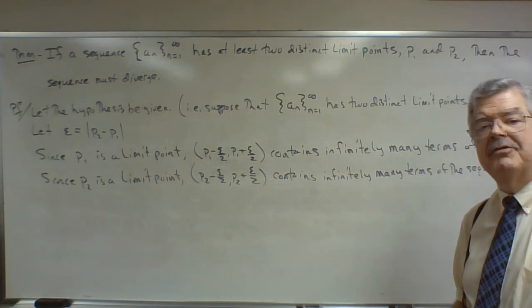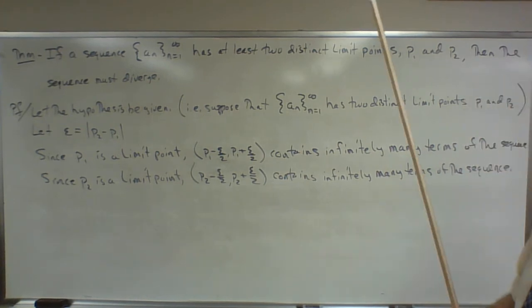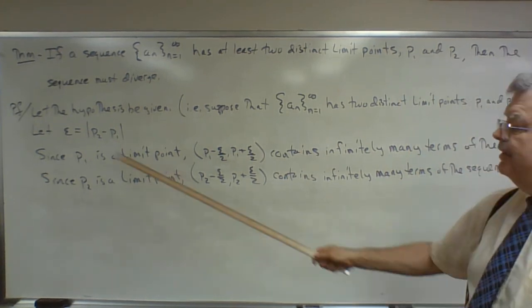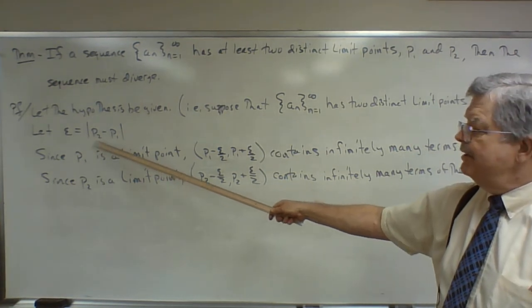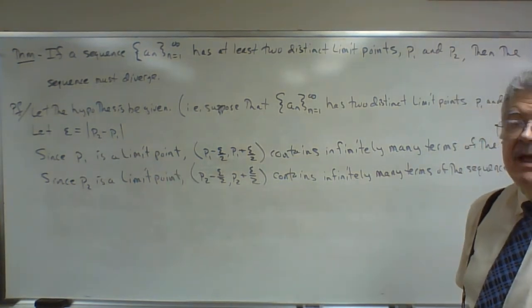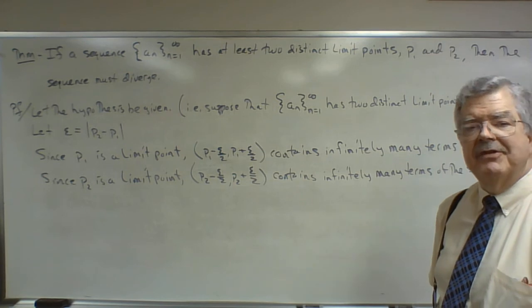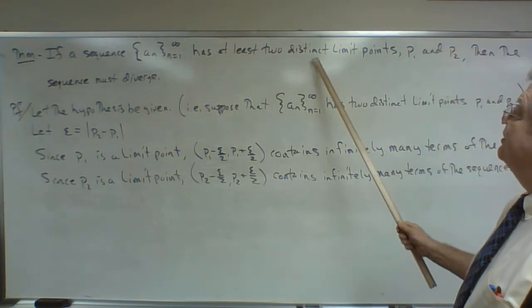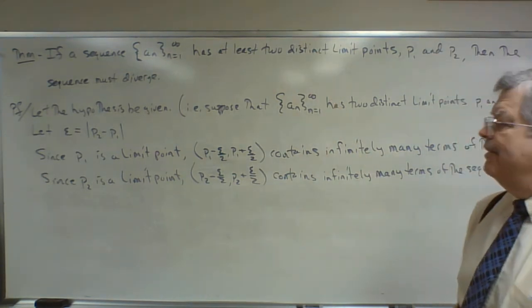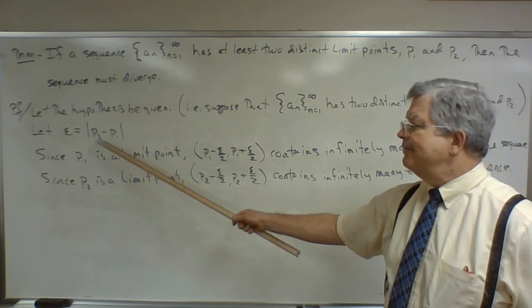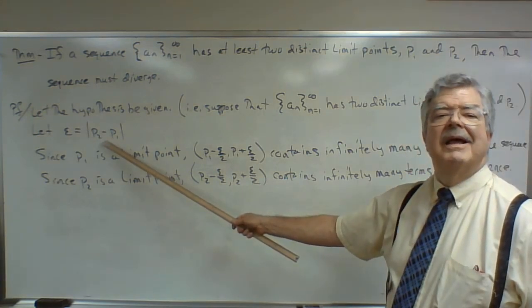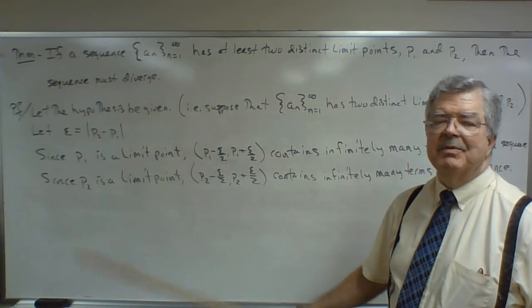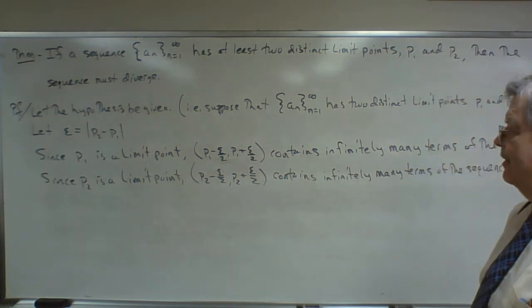We'll let epsilon be the distance between P2 and P1. Since the two points are distinct, there has to be a non-zero distance between them, and we'll call that epsilon.